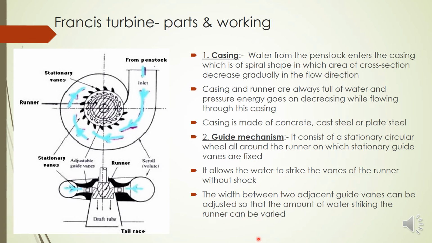In an impulse turbine, the Pelton turbine, the nozzle and spear do this, and here it is done by the guide vane mechanism. So the width between two adjacent guide vanes can be adjusted externally and we are controlling the amount of water by that.